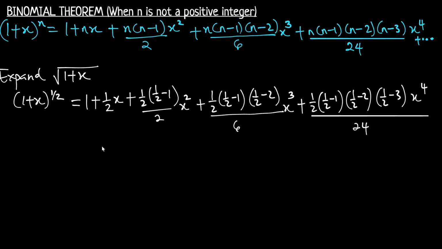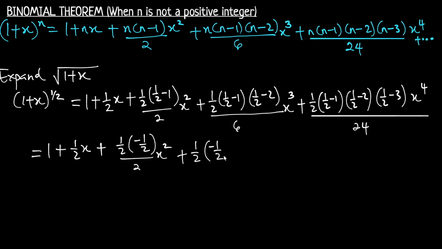So our assignment now is to simplify. So let's do that. So we have 1 plus half x plus half times negative half, divided by 2, x to the power of 2, plus half times negative half, negative 3 over 2, all divided by 6.